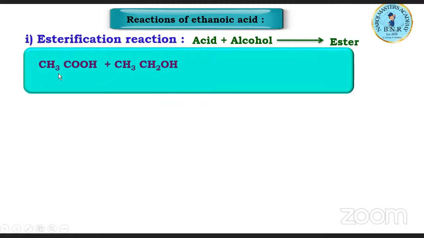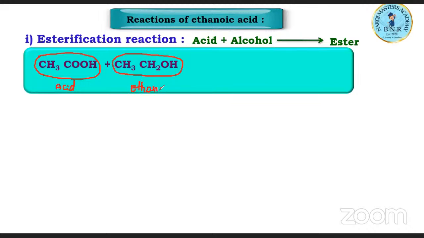You can see here CH3COOH. What is the name of this structure? Ethanoic acid. Is it an acid or not? Yes, it is ethanoic acid. And CH3CH2OH is ethanol, an alcohol.